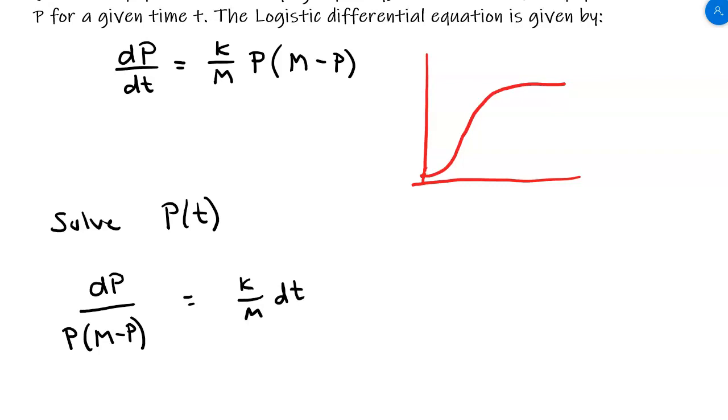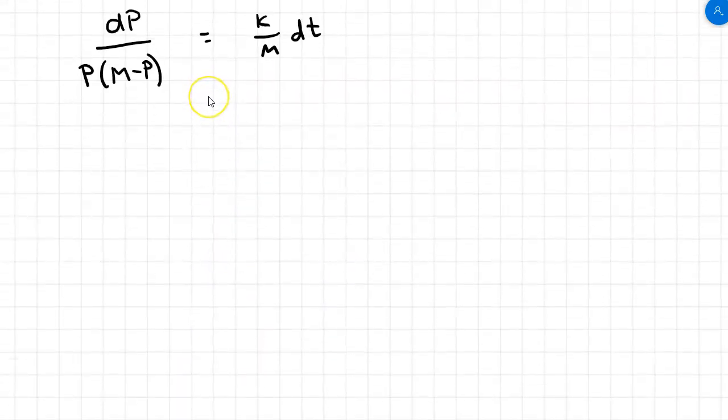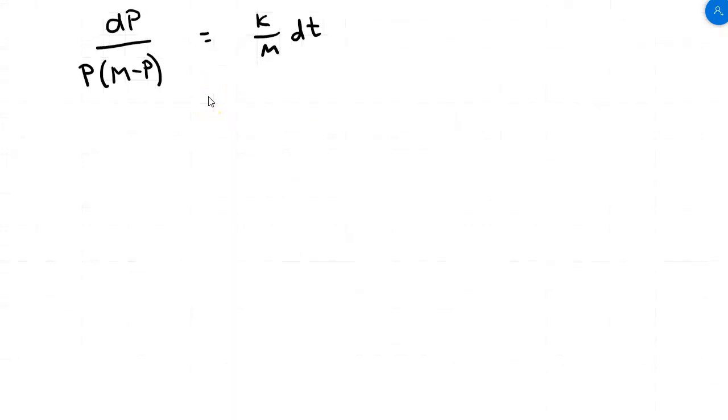All right. My issue now is I have to do something with this left-hand side, because eventually I want to integrate both sides, but I can't quite integrate both sides unless I do something with that left-hand side. So let's work now as sort of a sidebar to split up 1 over p times m minus p.